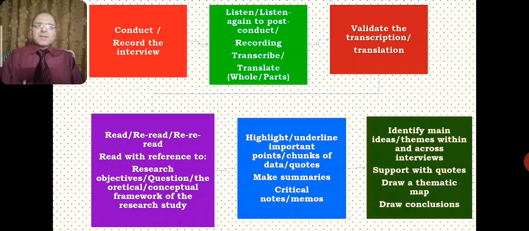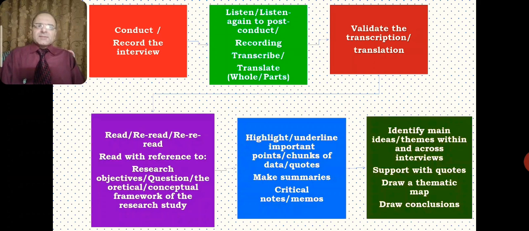And at the same time, critical notes are taken by the researcher while rereading, highlighting, and underlining the chunks of data or the texts, and memos, which are the researcher's points of view related to particular chunks or particular areas of data present in the transcripts.